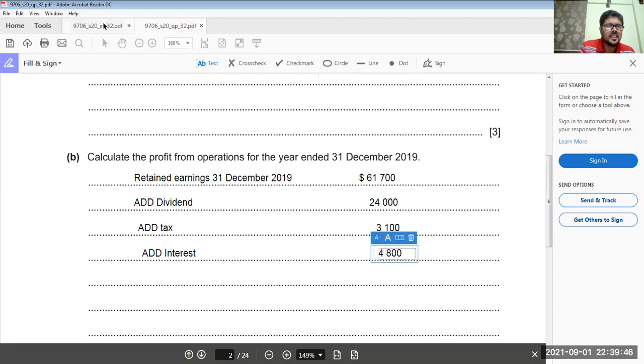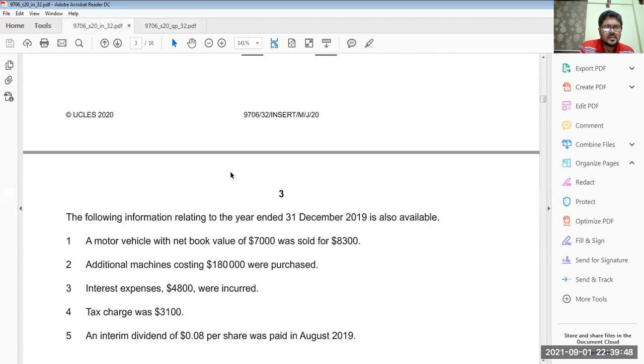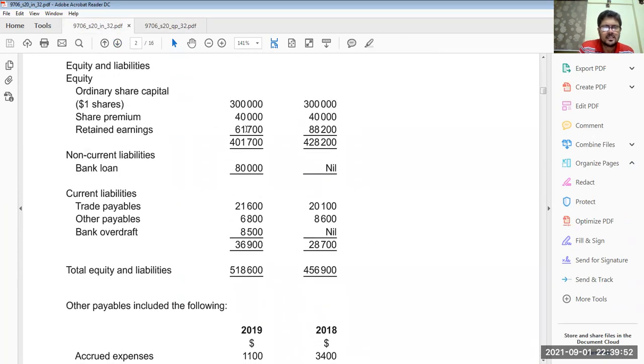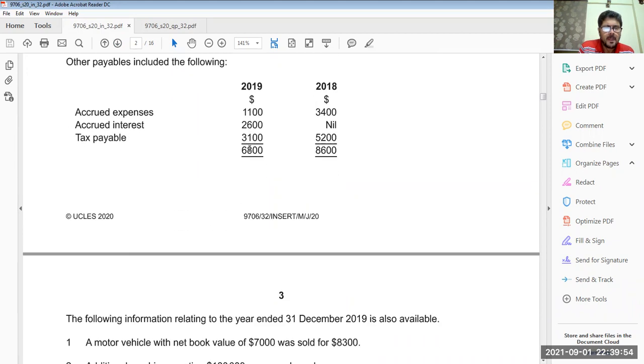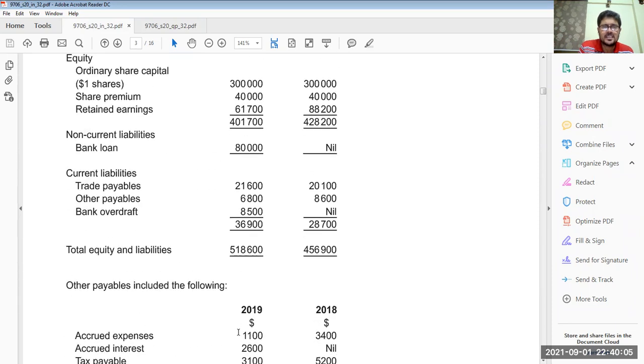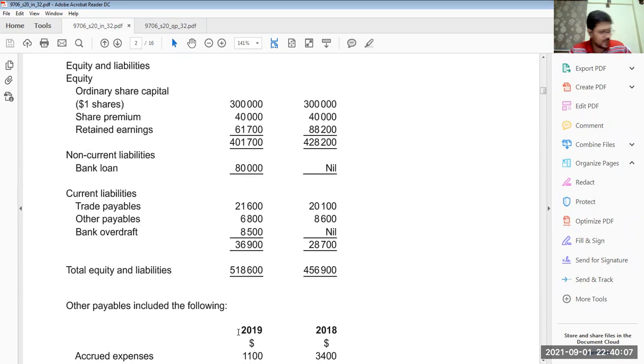Now see. Retained earnings at end is 61,700. Here it is. Then interest expense 4,800, tax charges 3,100, interim dividend 0.08 per share. So how would we calculate? Share capital is 300,000 shares of $1 each.